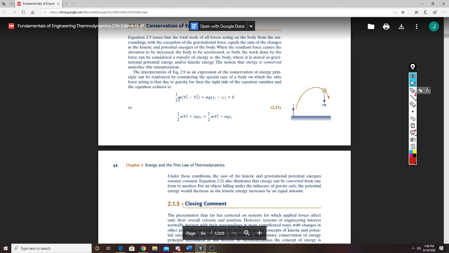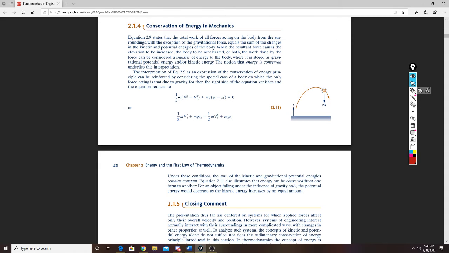Because if it's not kinetic, and if it's not potential, if it's not leaving as heat transfer, if it's not leaving as work, they all have to be equal to each other, right? Because you don't just lose energy. Energy is neither created nor destroyed, right? So essentially, it has to leave as something. Whatever that is, it is something. And so that's the reason why you can use this principle, that all of these have to be equal to zero. The kinetic and potential energy must be equal to zero, right? And so that's what they've done here.